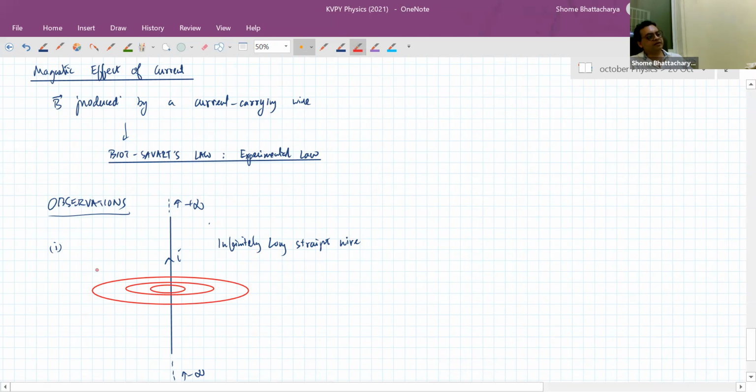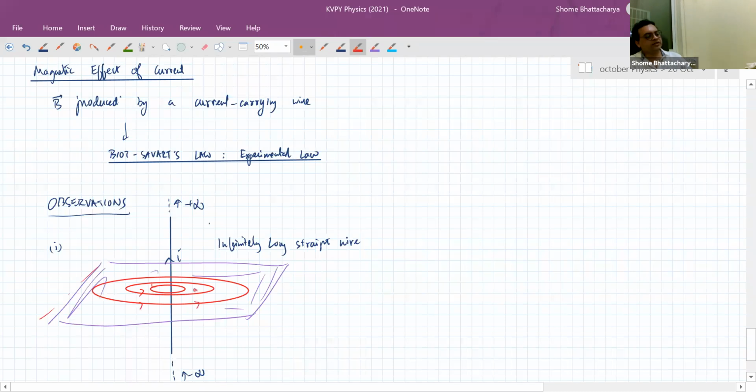So if you look at the magnetic field lines in a plane, let me draw this with different shades so you don't confuse it. In a plane that is being cut by this wire perpendicularly, we will see that they form circular loops such that they follow the right hand thumb rule.